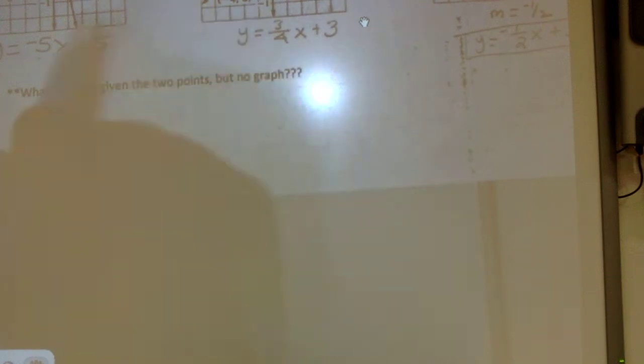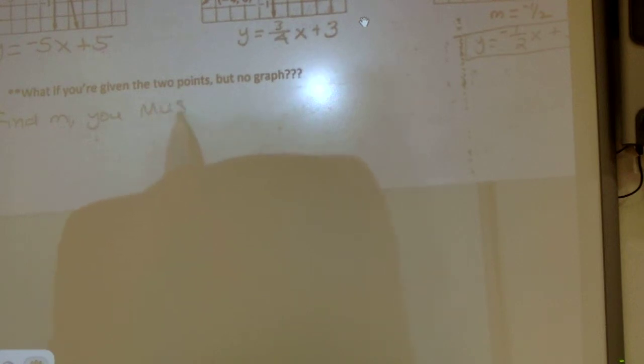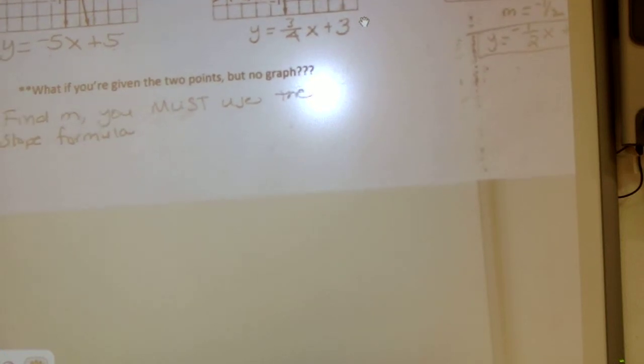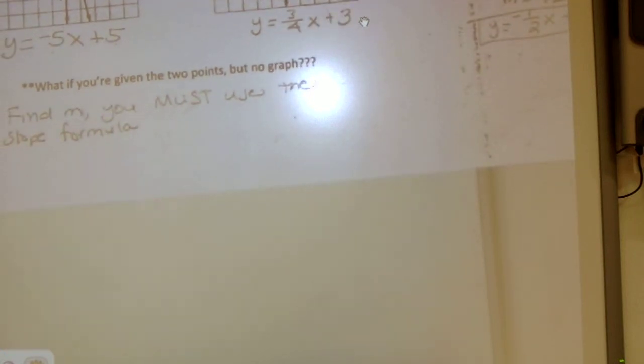So to find m, you must use the slope formula. You have no choice because you don't have a graph to do rise over run. So to find your slope, you've got to use the slope formula. Label your points, find the slope, simplify it, that's your m.